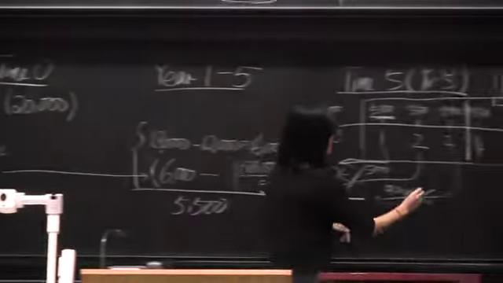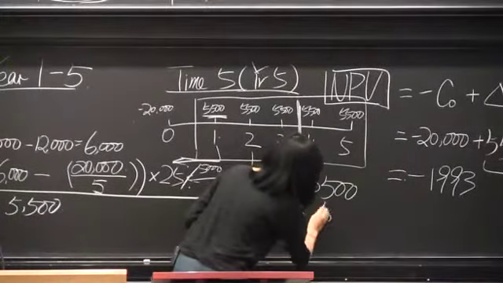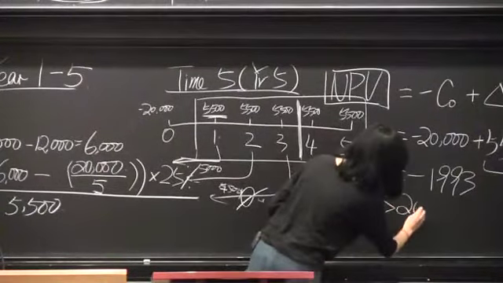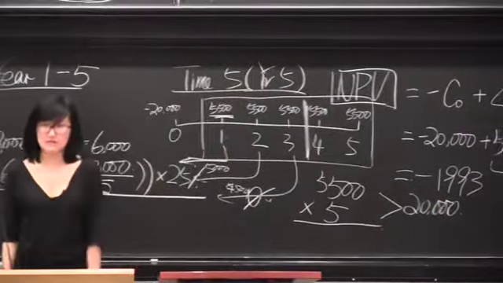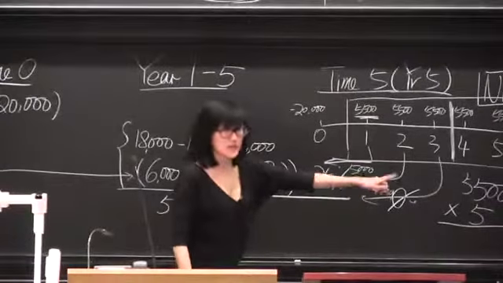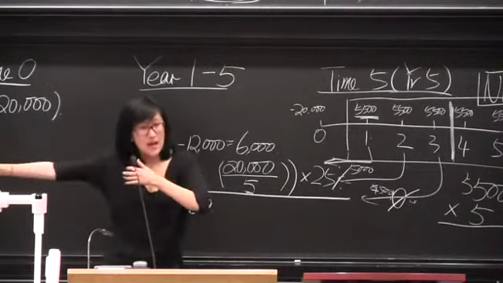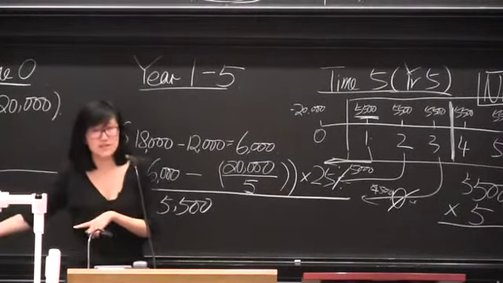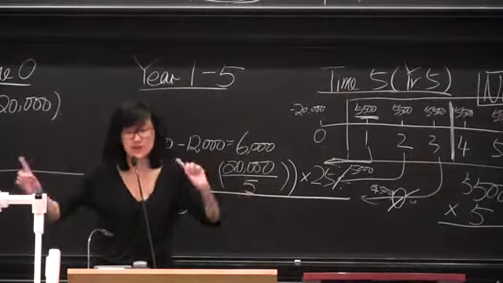Because if you think about it, 5,500 for the next 5 years is definitely greater than your 20,000 investment, right? If you time it out, it is greater. That's why your payback period is smaller than 5. But that's because we didn't take into consideration the time value of money. Does that make sense? So it's giving you two different results, but you gotta understand why.